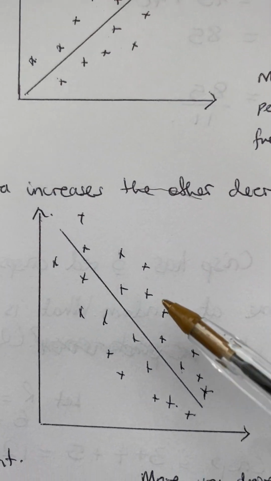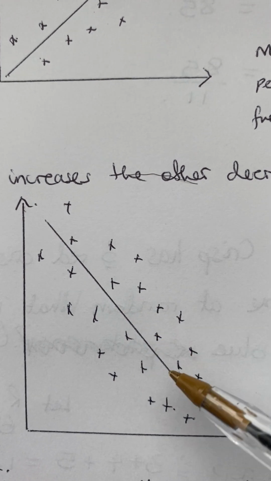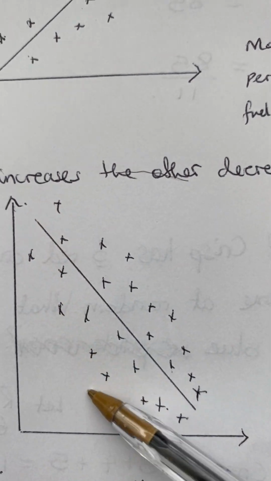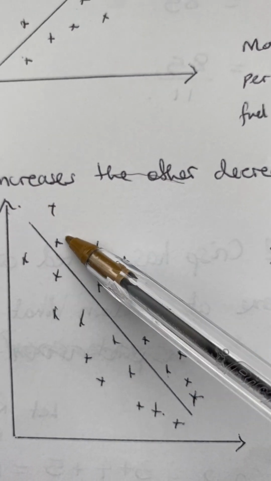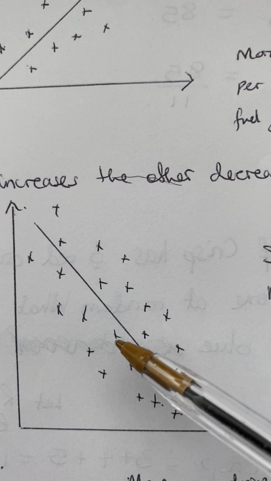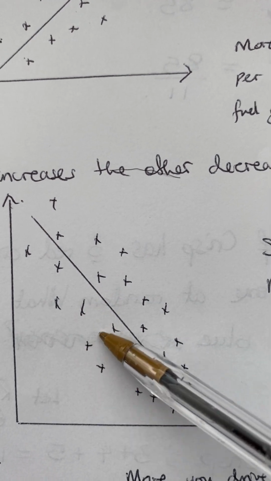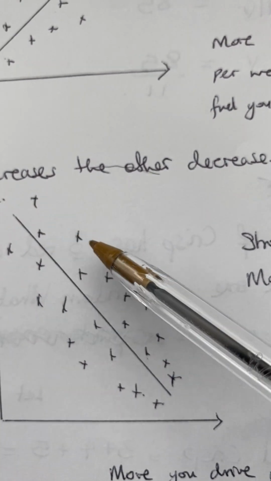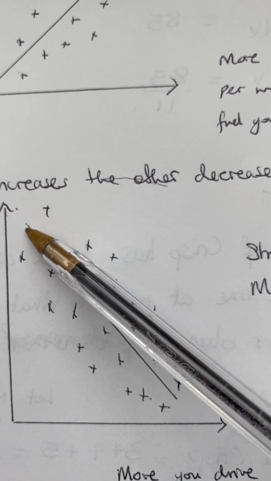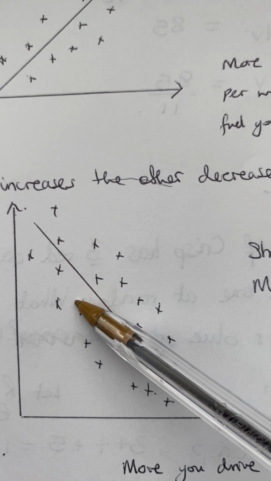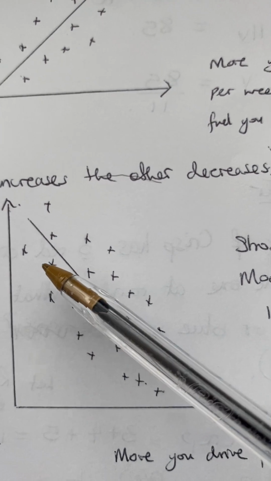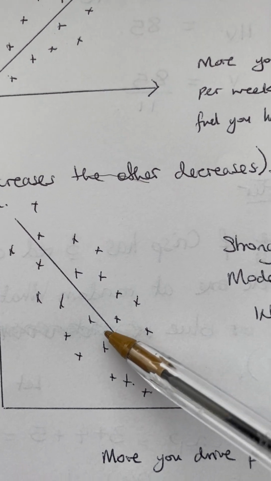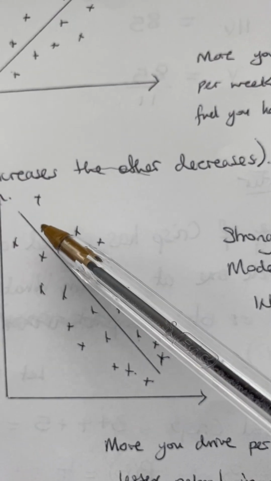Now this is moderate, because the plots are around the line. If we plot it this way, we'll have more plots at the lower part of the line than the upper part. And if we plot the graph that way, we'll have less. So we want to do it in the middle such that we have a line of best fit.